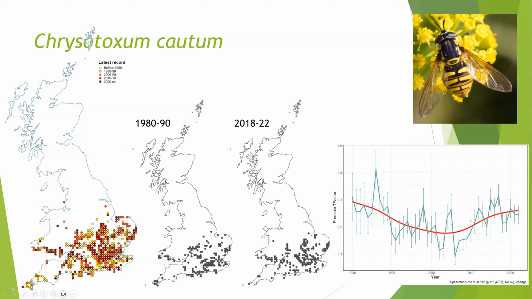We did actually have a spot up in Cumbria, which turned out to be quite wrong. But anyway, the trend is pretty flat. It went through a decline through the 1990s and early 2000s, but seems to have recovered from that.